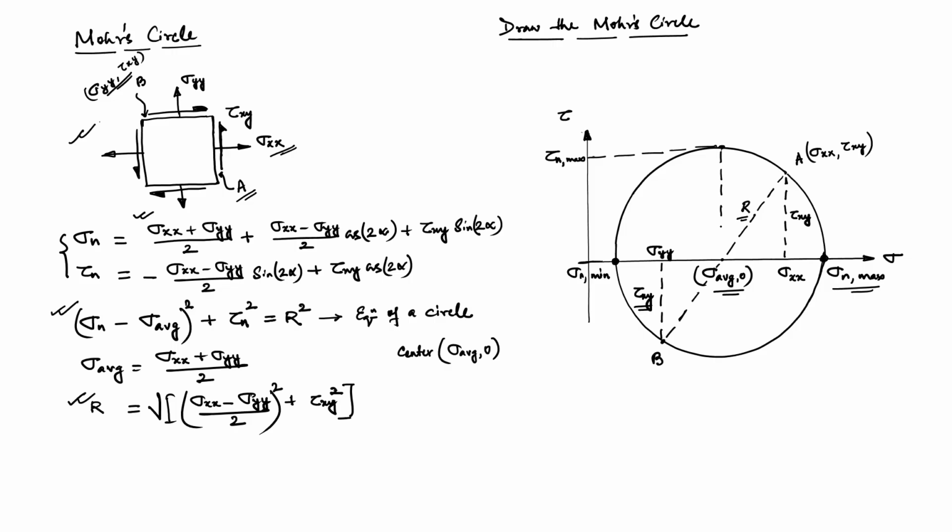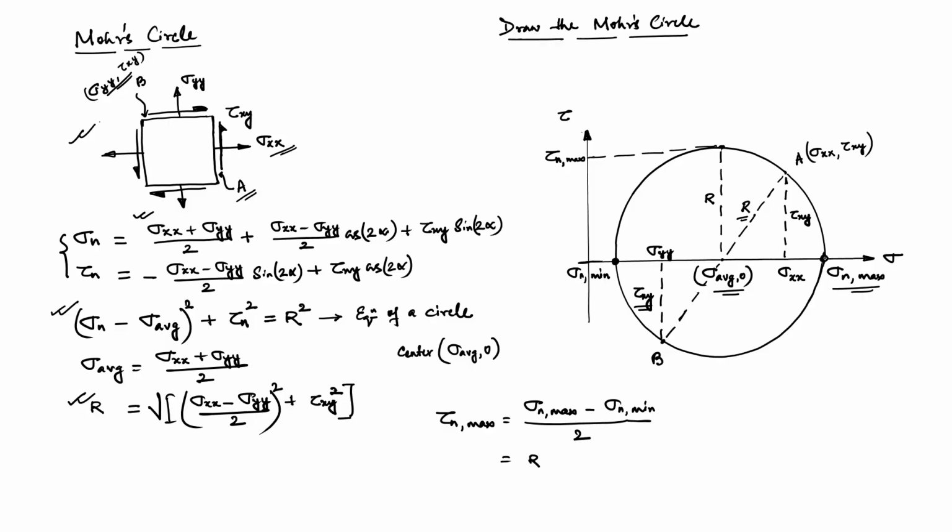Carefully note, what is the magnitude of this maximum shear stress? This is nothing but R, which we also derived. Recall what is tau n max? This is sigma n max minus sigma n minimum divided by 2, which is nothing but the radius of the circle, right.